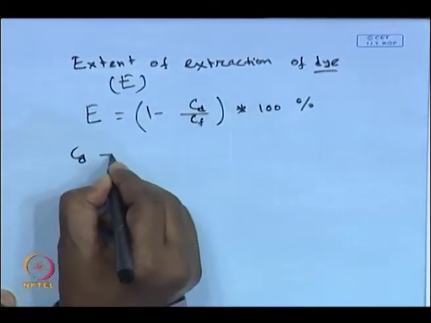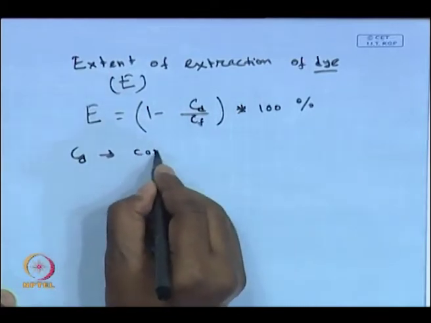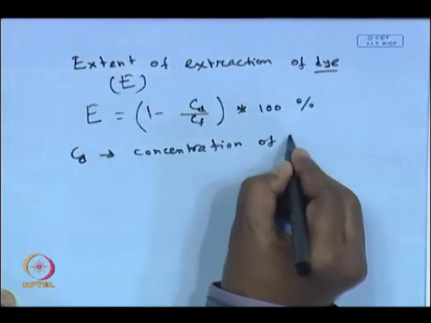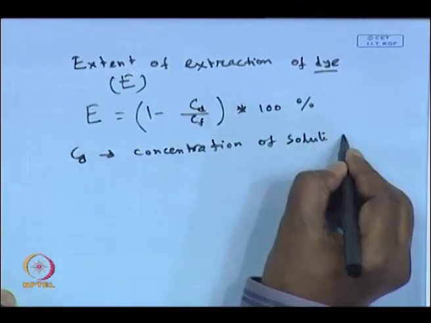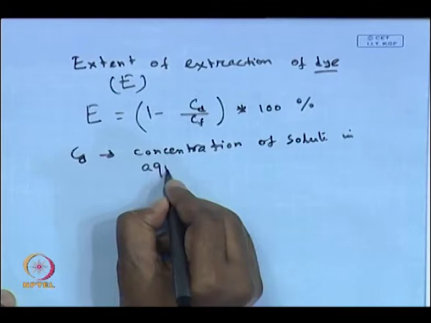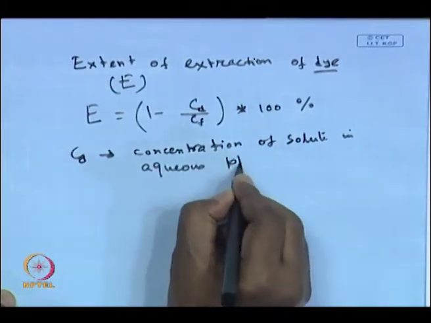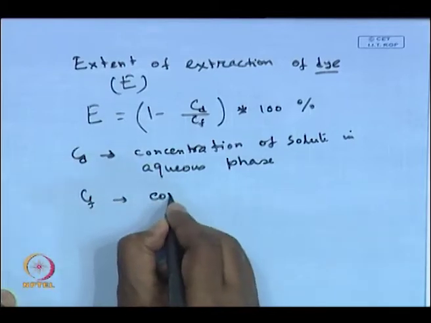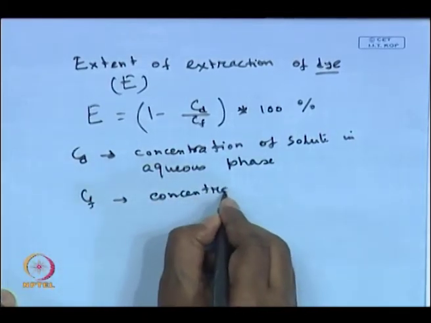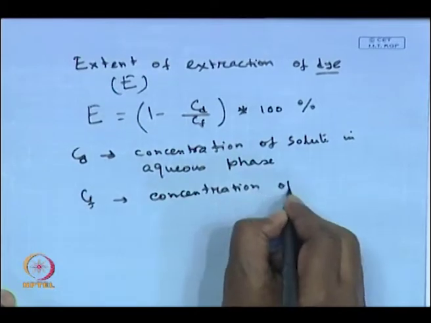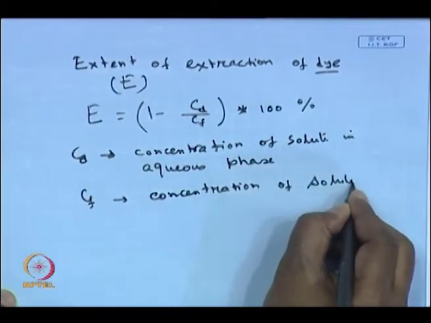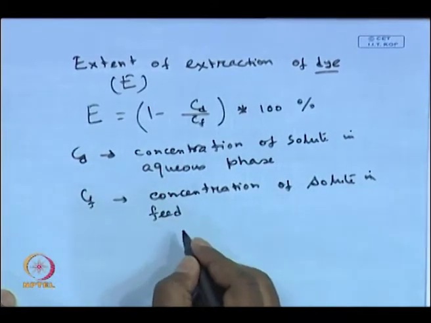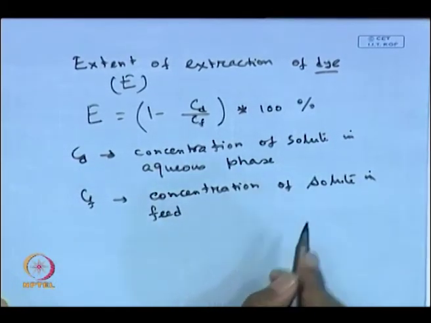CD is the concentration of solute in the aqueous phase, and Cf is the concentration of solute in the feed, and this solute in this particular case is dye.